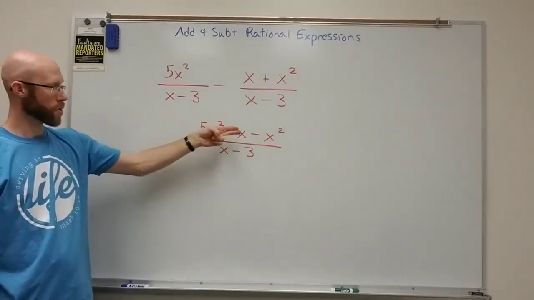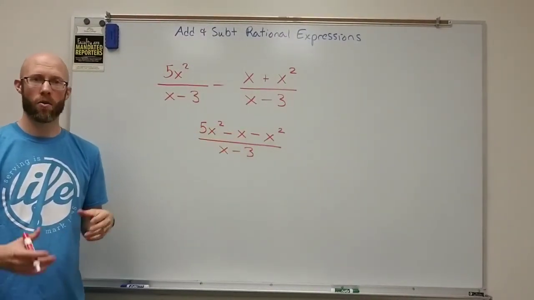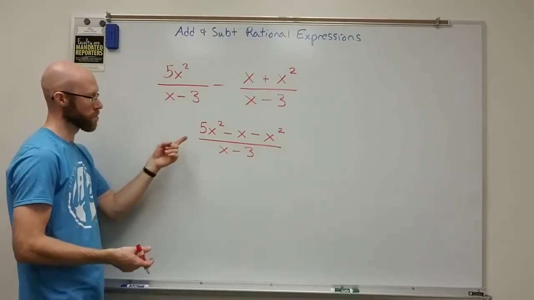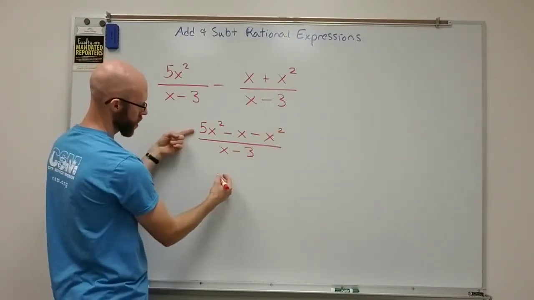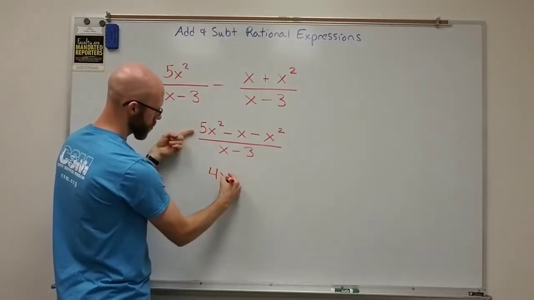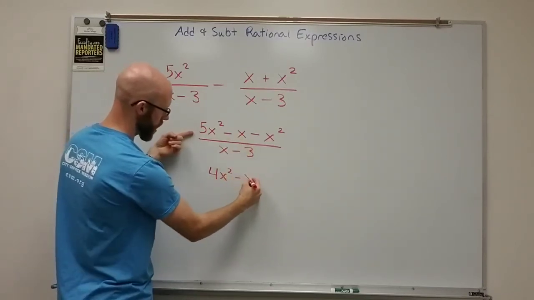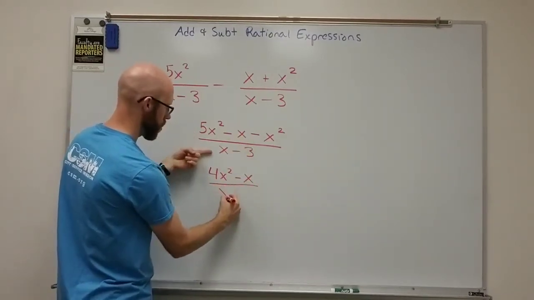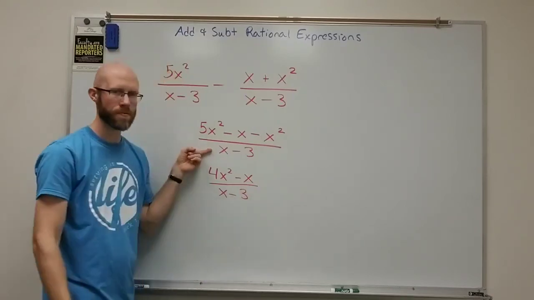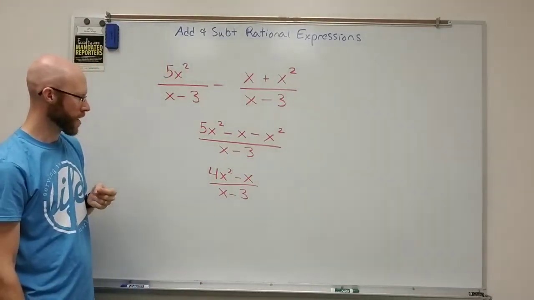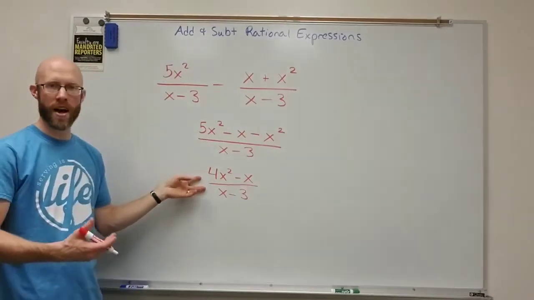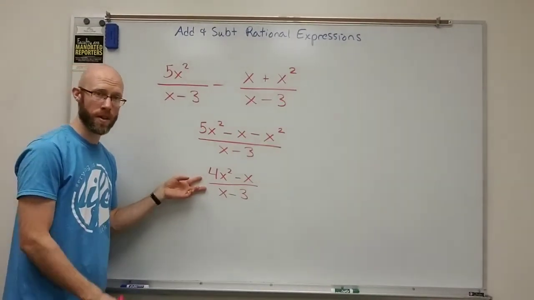Now on the top I'm going to simplify or combine like terms. So 5x squared minus x squared is going to be 4x squared minus x all over x minus 3. And then again, we always want to factor and try to reduce or simplify these if we can.